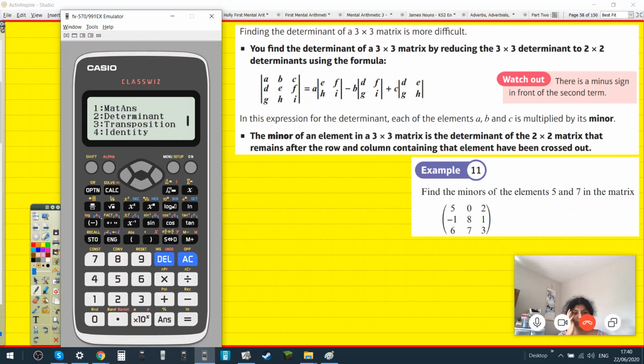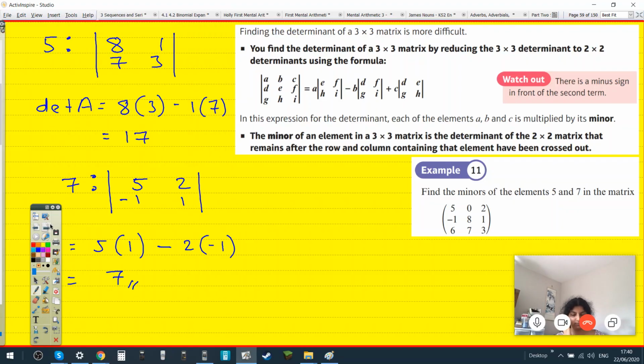Minus 25. Yeah, I got the same. I got the same thing.